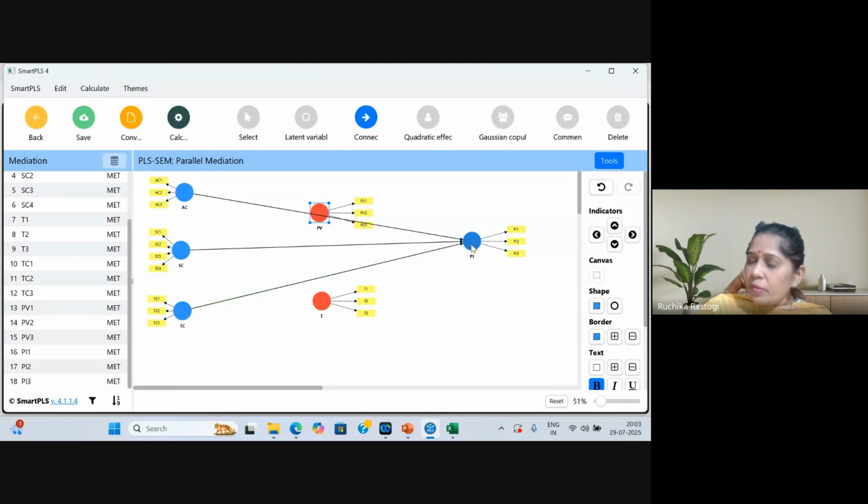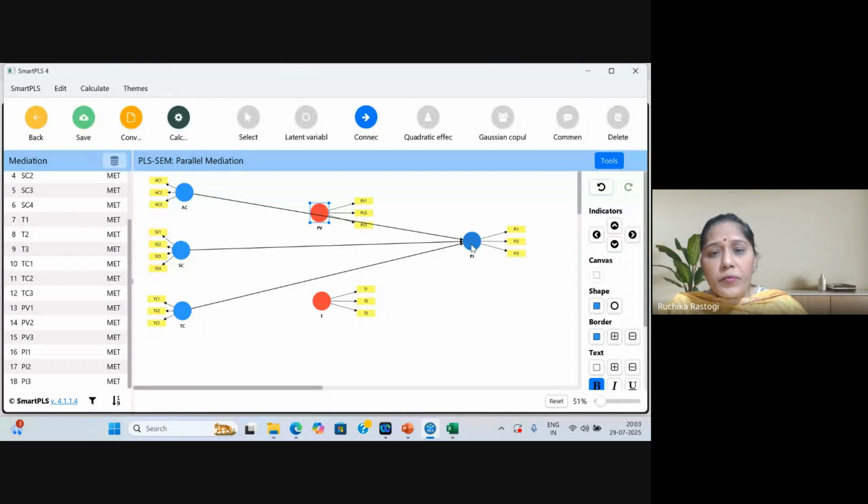And always remember, if the independent variables do not have the direct relationship, they cannot have the indirect relationship. Remember this. So to run path analysis, mediation or moderation, we have to create the direct relationship first.